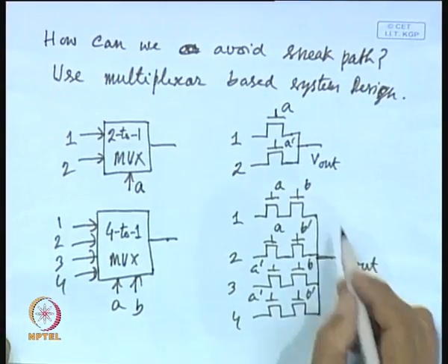The question is, how can this multiplexer be used to realize Boolean functions? It can be very easily done from the truth table.